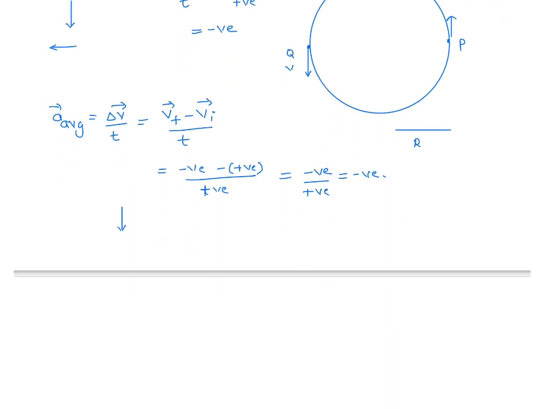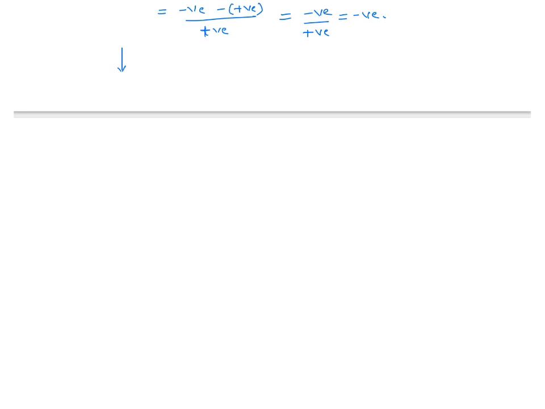And let me tell you how I can justify this. Initially, the particle was moving like this. And now I will apply force F in this direction. And by applying this force, I can make the particle move in this direction.